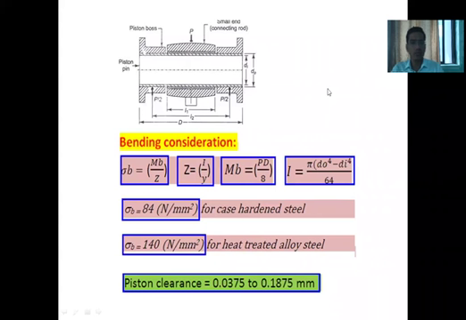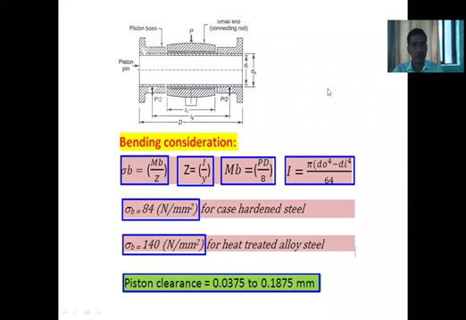Then next one is the bending moment considered on the piston pin. Sigma b is equal to Mb by Z, and Z is calculated by I upon y. Therefore, Mb is equal to PD upon 8, and I is calculated by pi into D0 raised to 4 minus Di raised to 4 by 64, where D0 is the outer diameter and Di is the inner diameter of the pin.